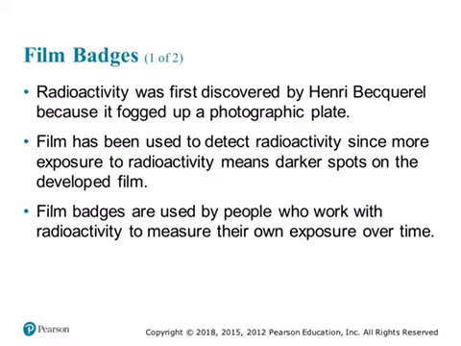The darker the fog means the more exposure to radioactivity. So that's going to produce dark spots on the developed film. Film badges are currently used by people who work with radioactivity to measure their own exposure to something over time.